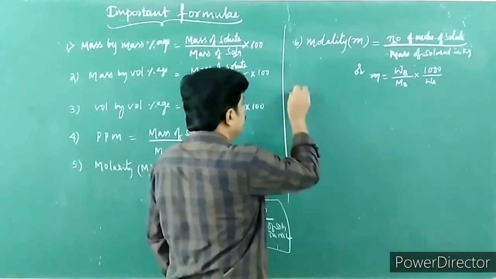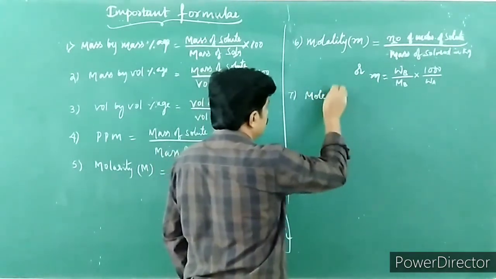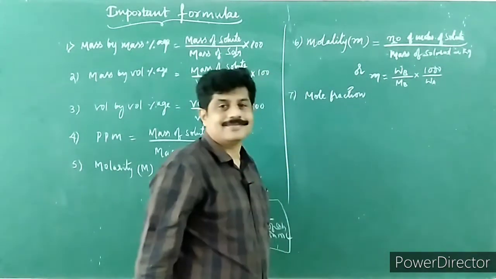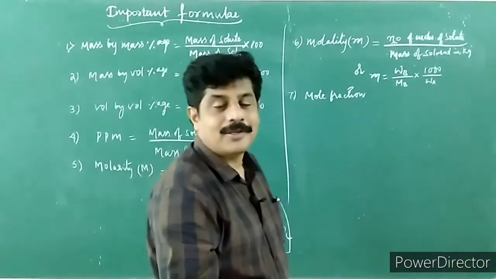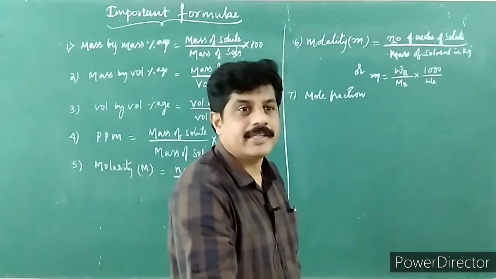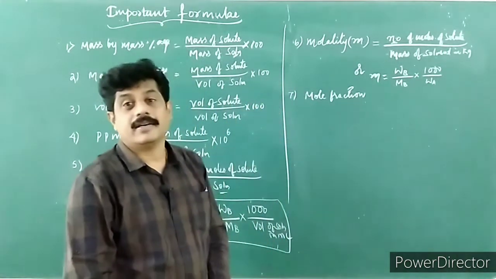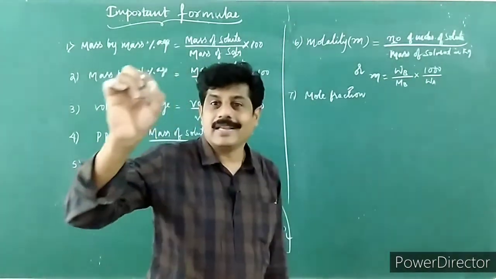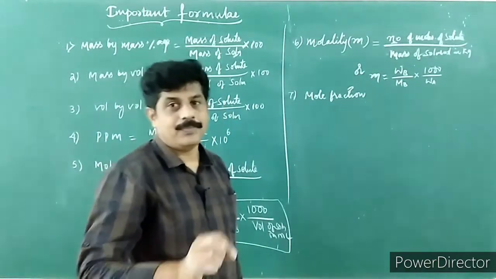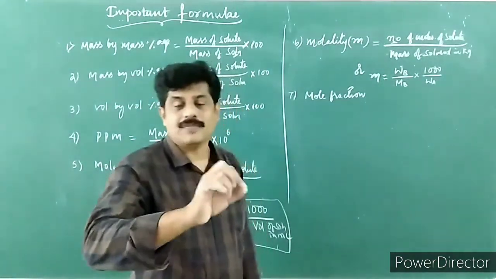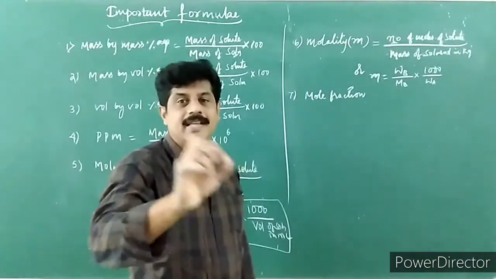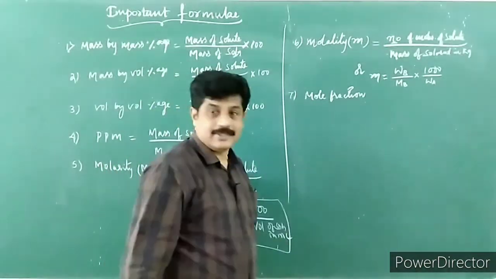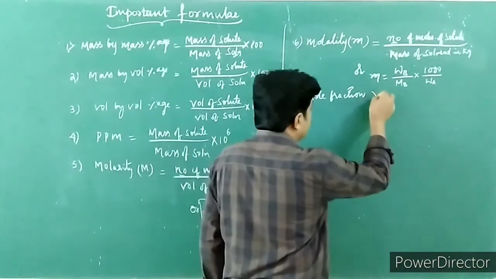After that, we have learnt about mole fraction. What is mole fraction? Children, the mole fraction of a component is equal to the ratio of moles of each component to the total number of moles of all the components present in that solution. Look at here. It is denoted by chi.